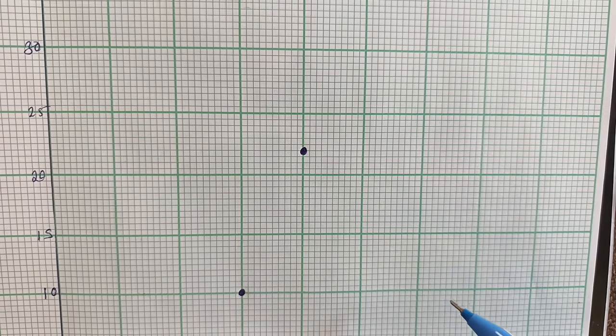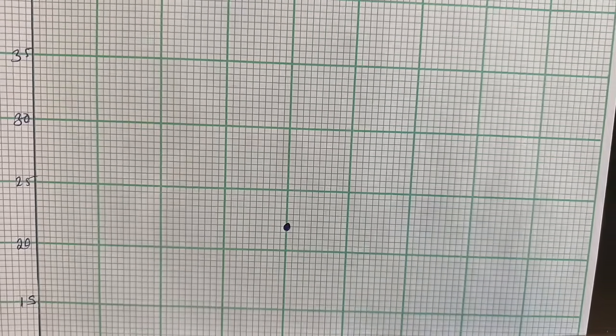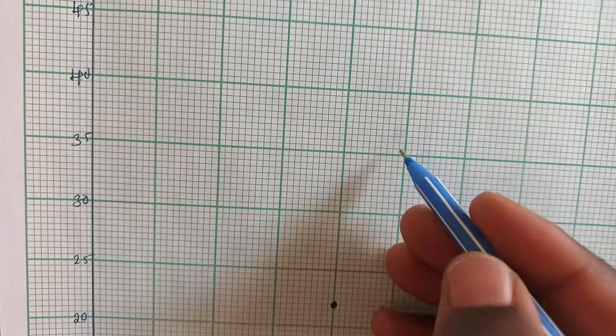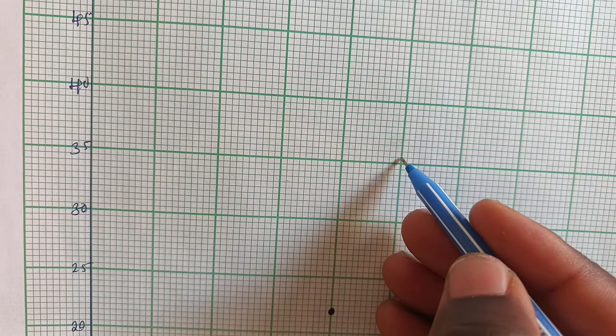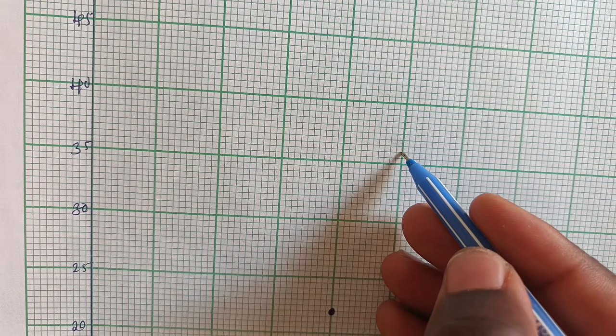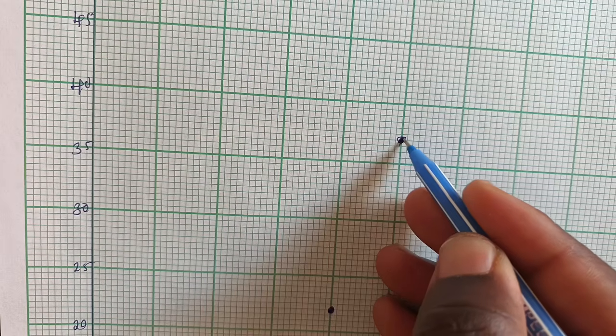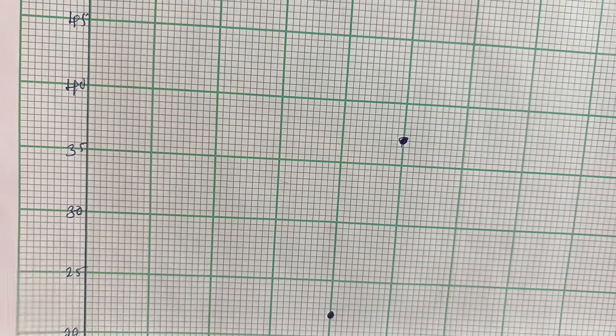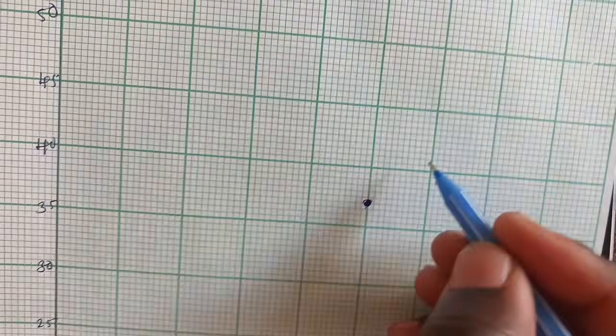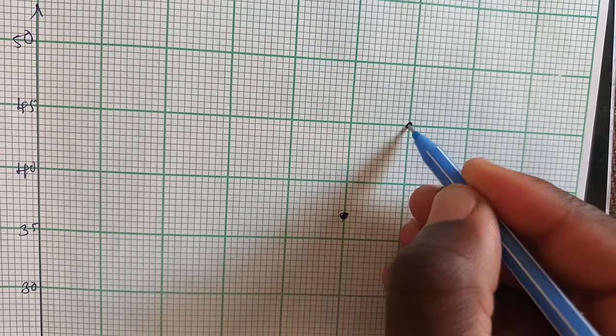The next one is 50,37. So this is 50. We check 35 is here, 35.5, 36, 36.5, 37. 37 is right over here. So this is where the point is. The next one is 60,45. It's this one.